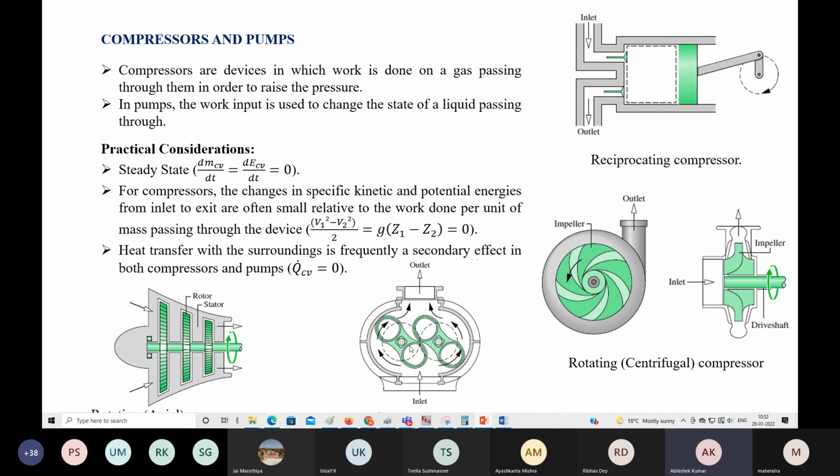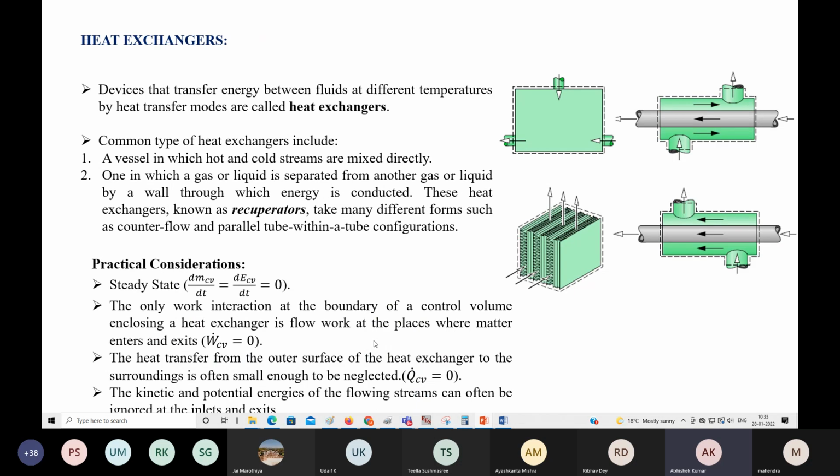Many compressors are there like this. In that case also, we are considering like this: it is only taking work. Heat transfer terms, Q terms, are nothing. It is taking work actually, so work input is there. Work done upon the system is there. So like that we are reducing our equations.